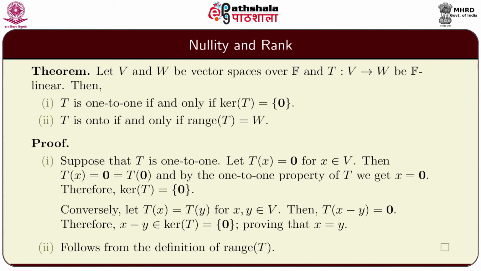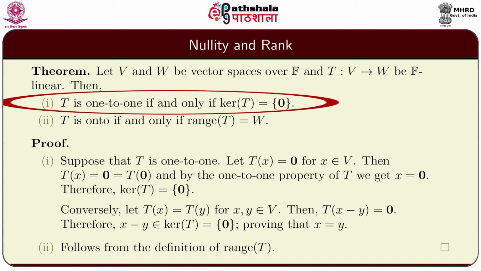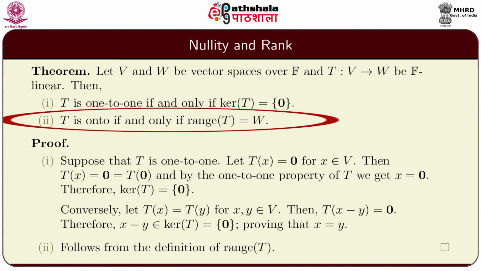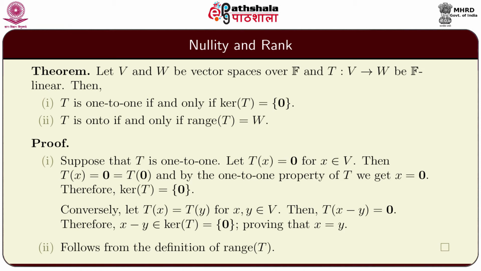So the theorem says the following: let V and W be vector spaces over a field F and T from V to W be F-linear, then T is 1-1 if and only if the kernel of T is the singleton {0}, and T is onto if and only if the range of T is W. Well, the range of T is nothing but the image of T, and therefore the onto property indeed follows from the fact that the range of T is equal to W. So, part 2 of the statement is clear. Now, we prove part 1.